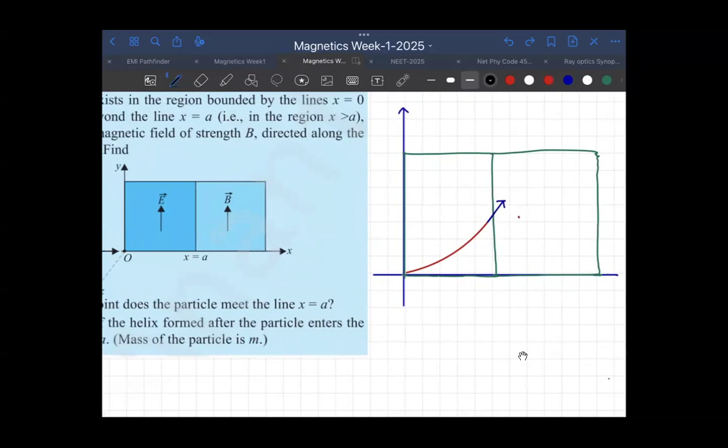Helical path actually. Why? Because the velocity vector and B are in the same plane and it makes some angle with the B vector. It will follow a helical path, right?